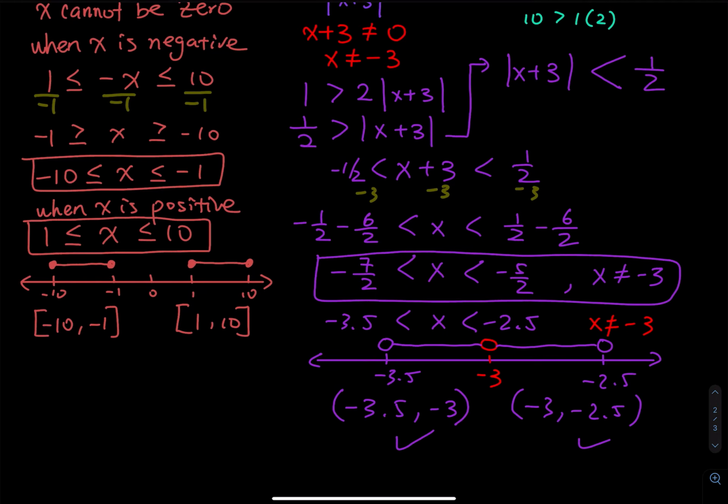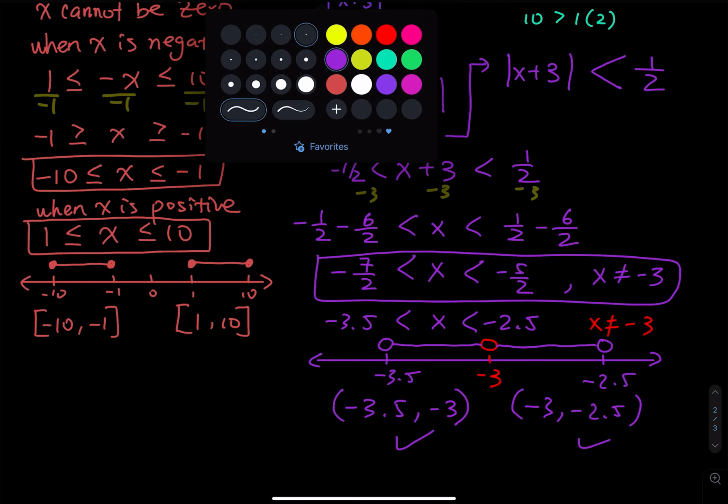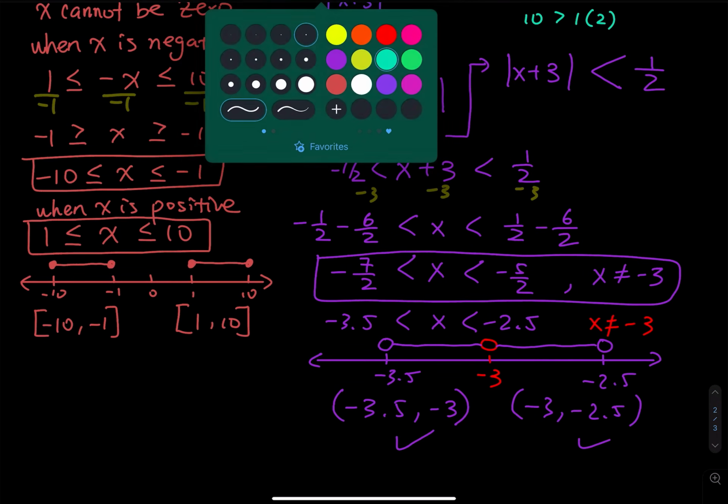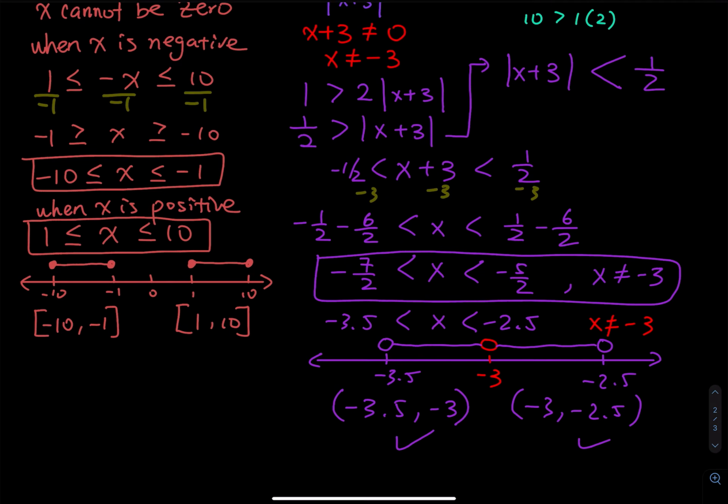Okay, I have one more problem for you to solve. So let me go to that problem. This one is an in between, right? Let's make an opposite. How about we switch to this color? So this time we have 1 over absolute value 2x minus 3, less than or equal to negative 4.